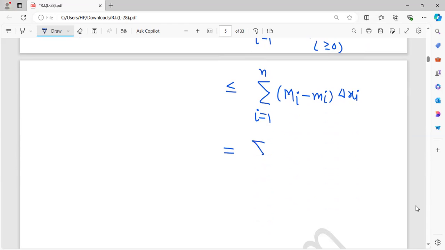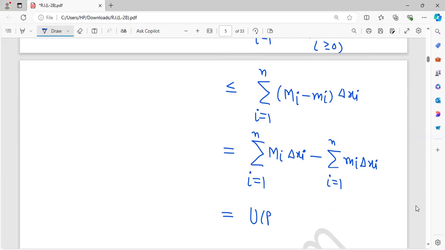What is this? I can expand this: summation i goes to 1 to n capital Mi delta xi minus summation i goes to 1 to n small mi delta xi. This is U(P,g) minus L(P,g).